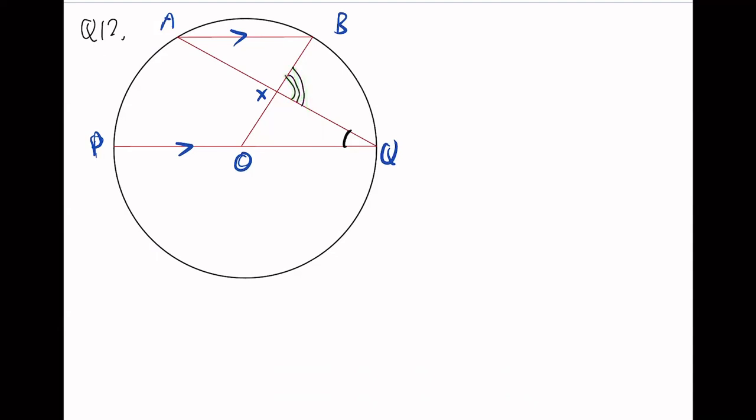How? So what do you want to find? Show that this is triple of that.